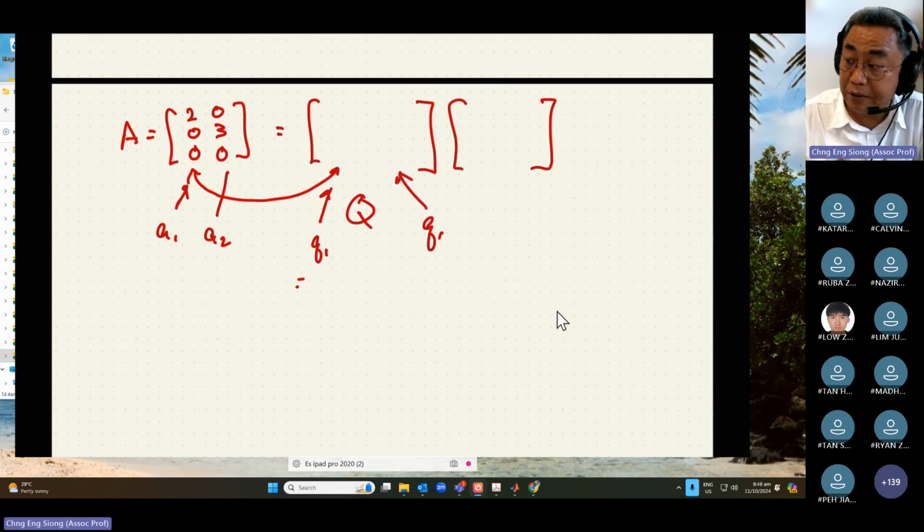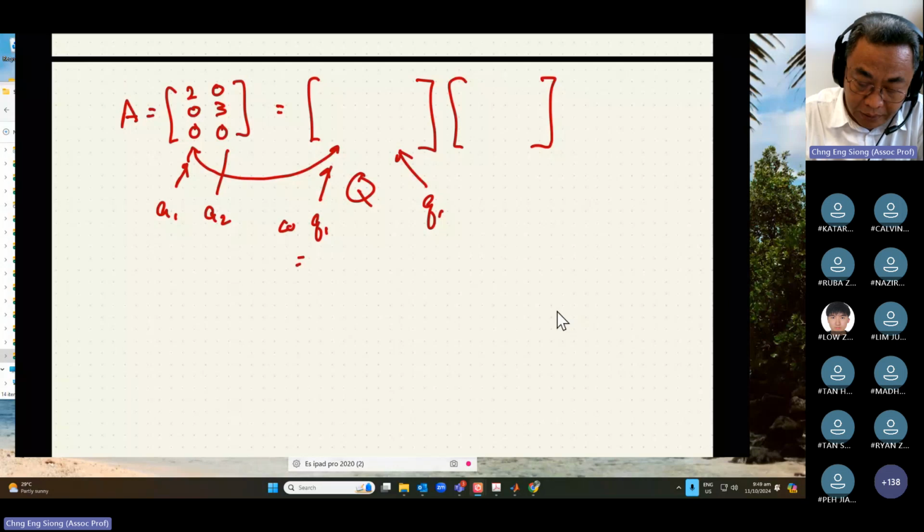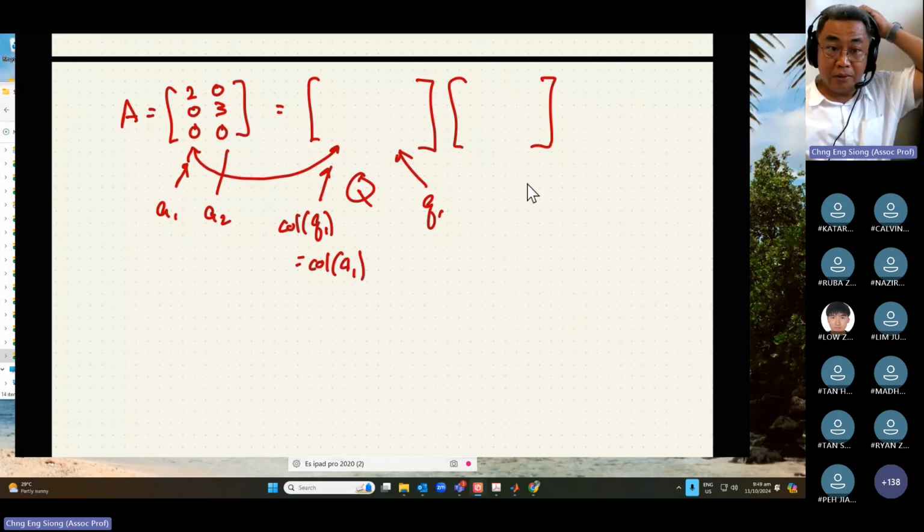The column space of Q1 is the same as the column space of A1, right?